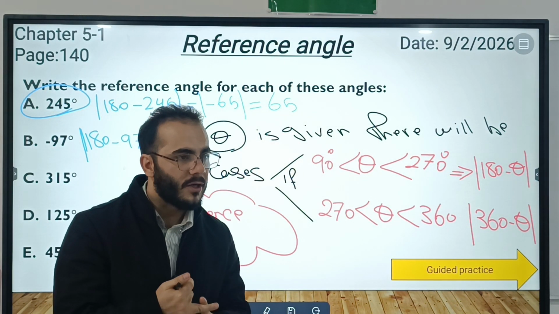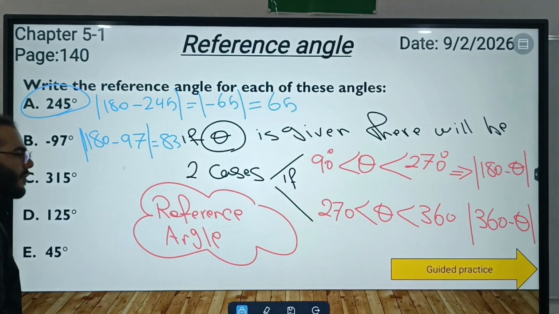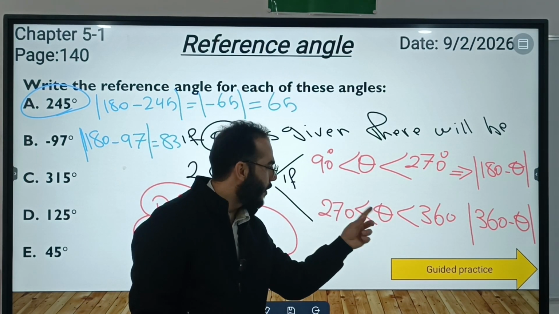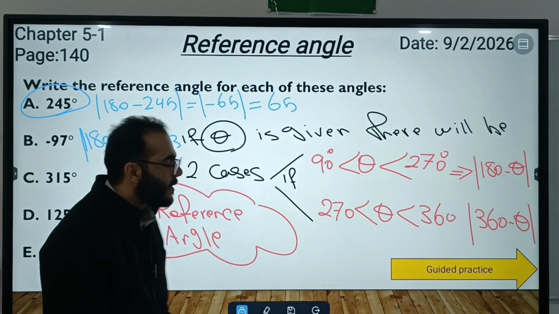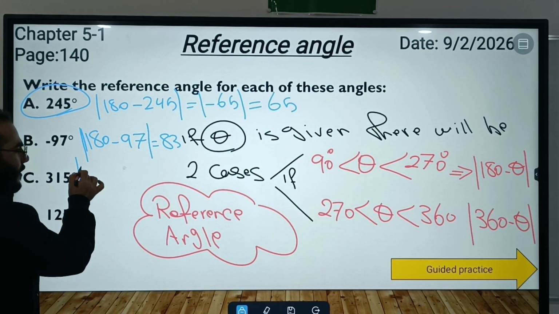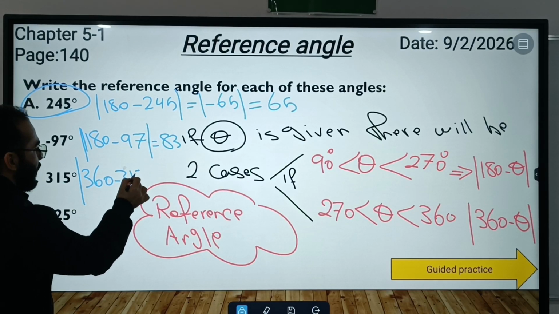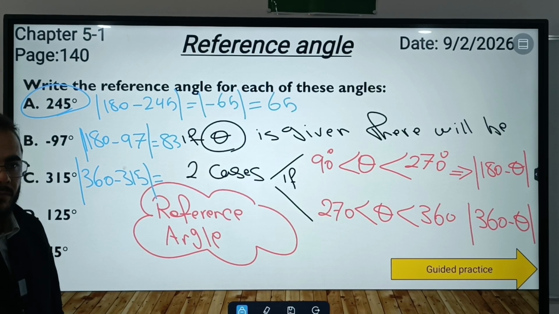At the same time, it is positive. Okay. How about 315? 315 is in this domain, which is from 270 to 360. In that case, we're going to say that the reference angle equals 360 minus the given theta, which is 315, which equals, any idea?